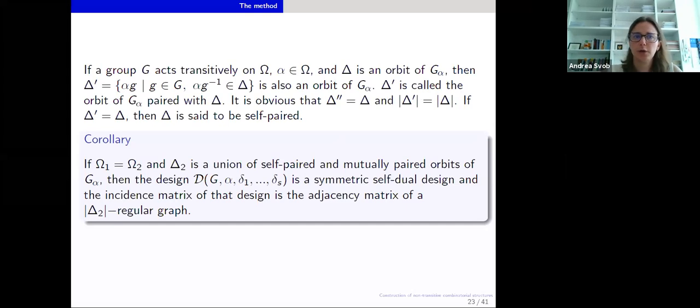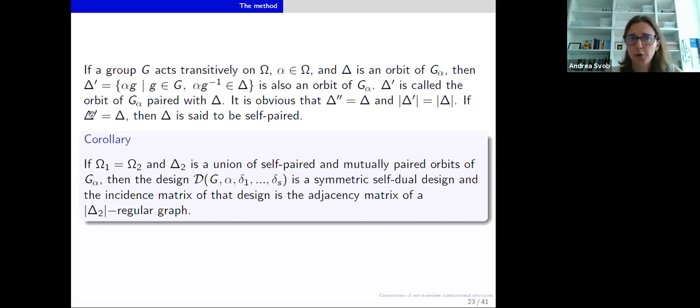So just to remind you, if the group G acts transitively on the set omega, and if you fix one element alpha from omega, and if delta is an orbit of the stabilizer G alpha, then delta prime defined in this way will also be an orbit of the stabilizer. And this orbit will be called an orbit of the stabilizer paired with delta.